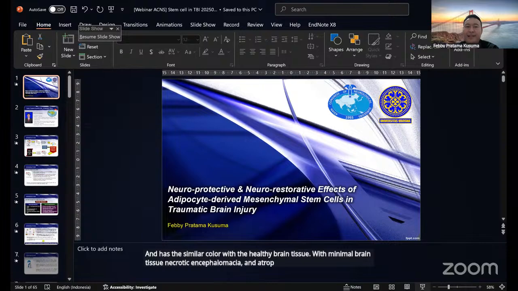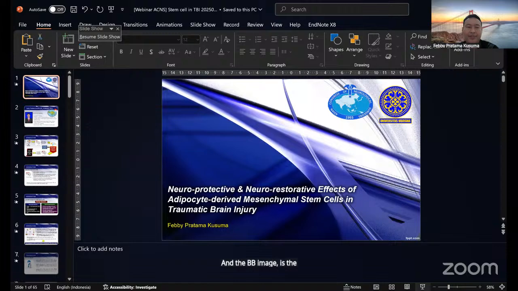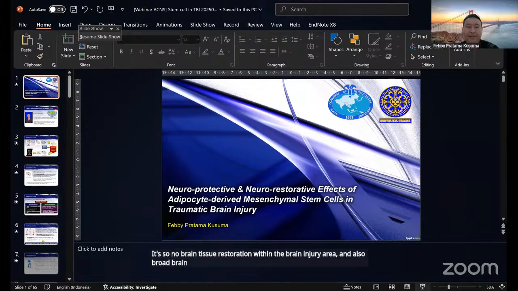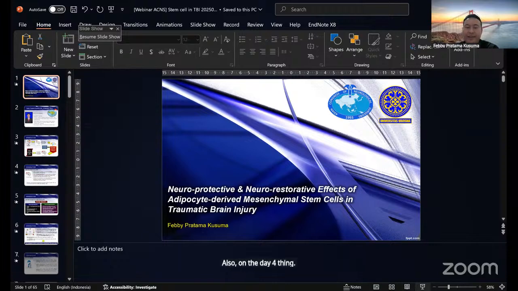Then we compared to the control group. Image B is the control group on day 7. It shows no brain tissue restoration within the brain injury area and broad brain tissue necrosis and encephalomalacia. On day 14, image C is the therapy group.